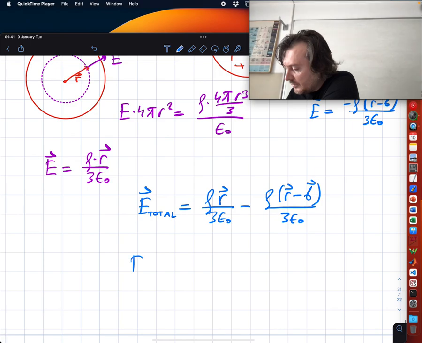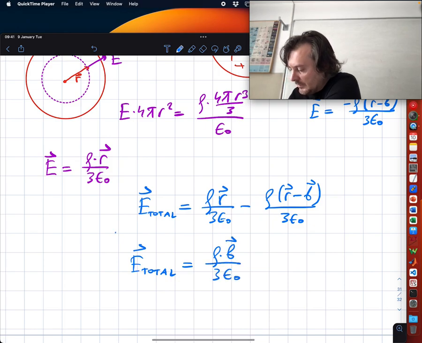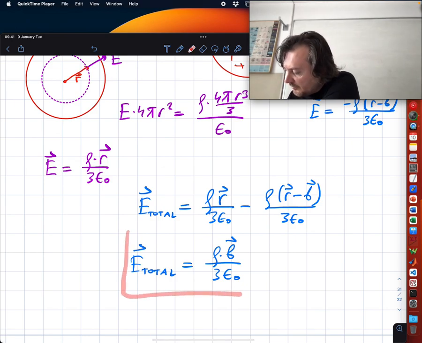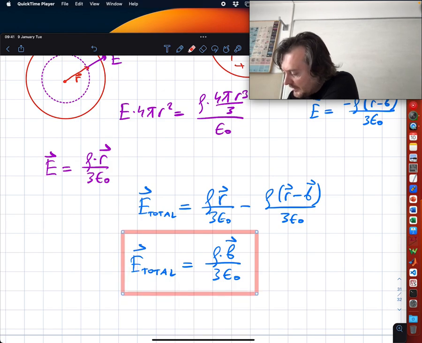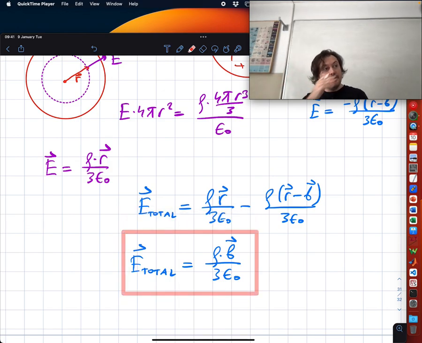So E total is rho times b over 3 epsilon 0. A beautiful application of vector algebra leads us to this beautiful result. This is a very intriguing result.